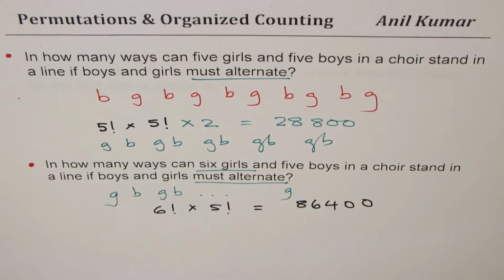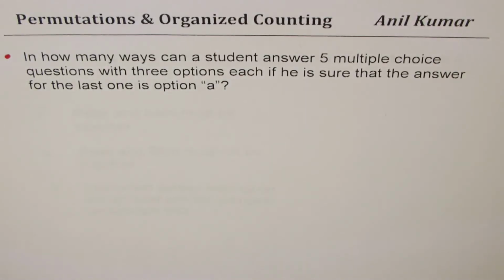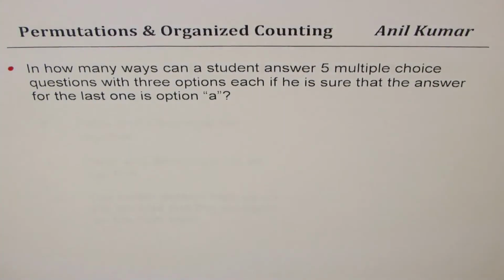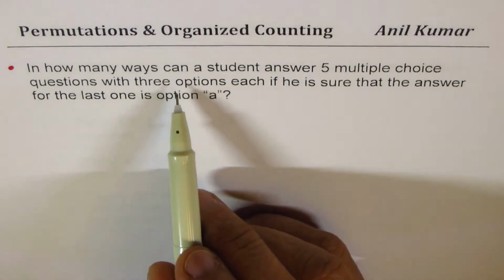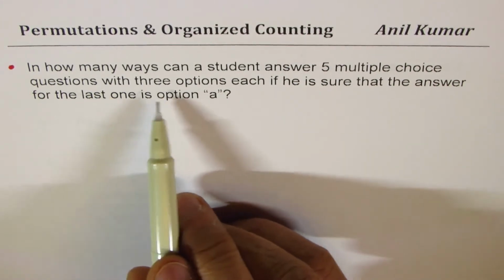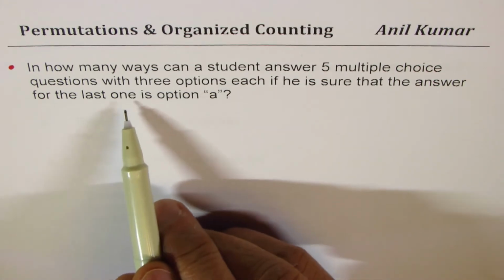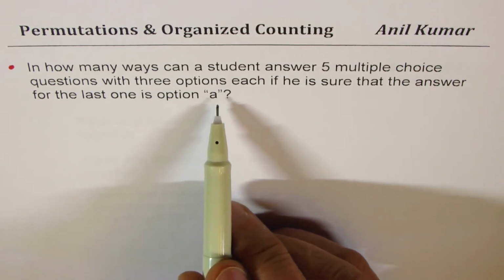Now these questions are very important from a test point of view. I've seen one of these coming up in a test. In how many ways can a student answer 5 multiple choice questions with 3 options each if he is sure that the answer for the last one is option A?